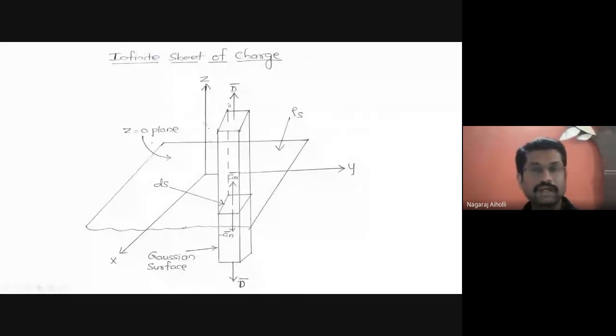Dx dy is a small component along the x direction and y direction, right? If we are integrating dx into dy, the area, then what do we finally get? Dx dy is some small portion of the area. Then if we are integrating this either for the top surface or for the bottom surface, what do we get?